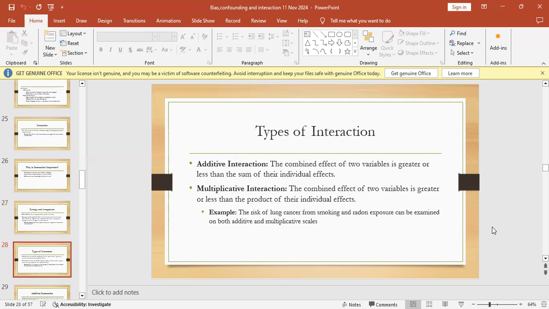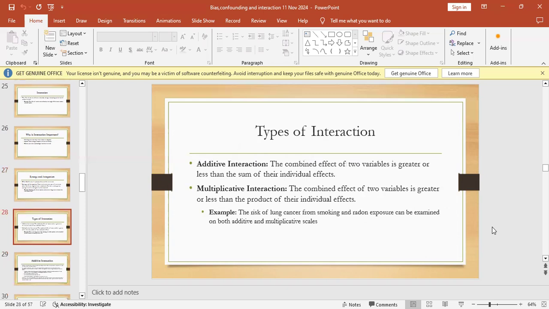Now, the types of interaction. They are additive interaction and multiplicative interaction. Additive interaction is when the combined effect of two variables is greater or less than the sum of the individual effects, while multiplicative interaction is when the combined effect of two variables is greater or less than the product of their individual effects.